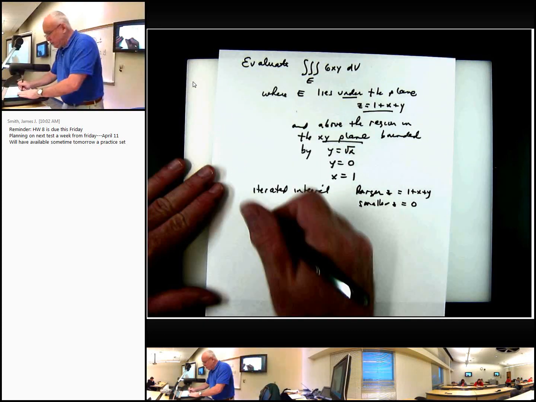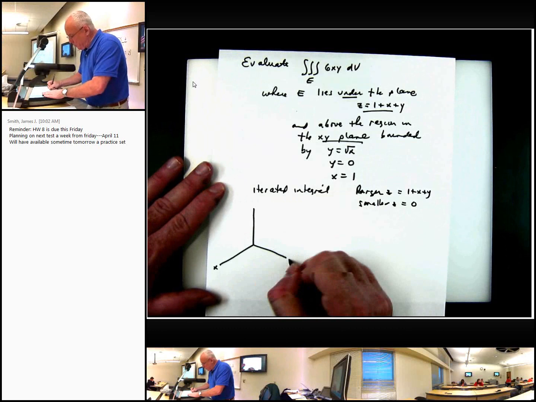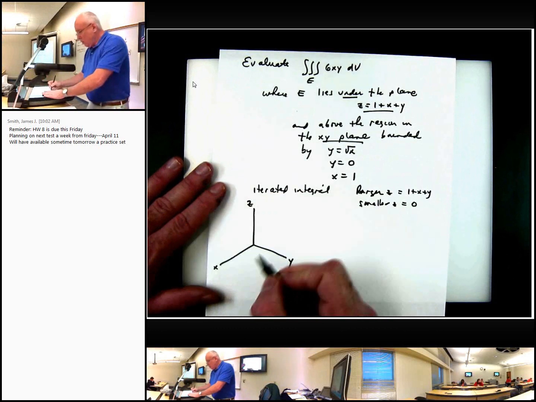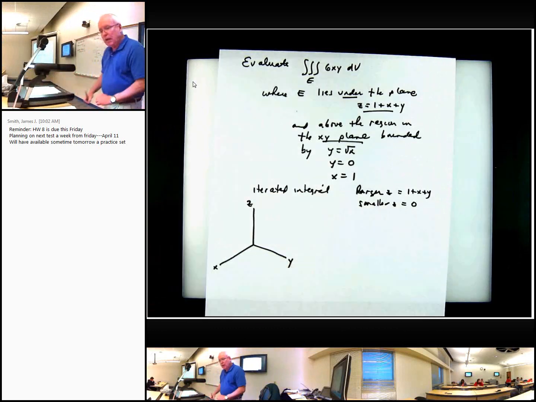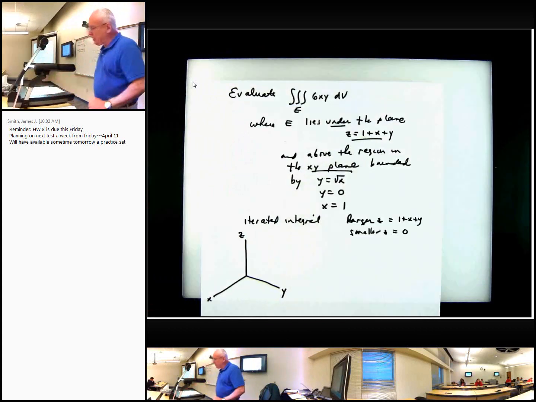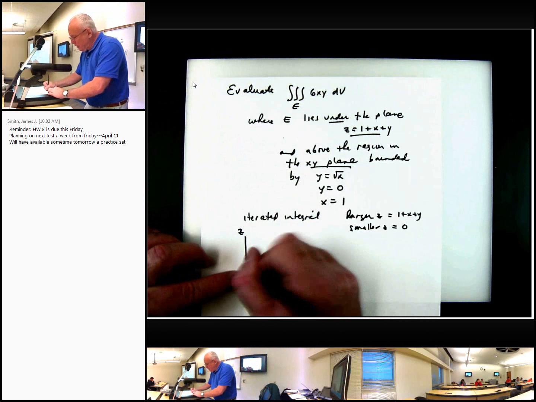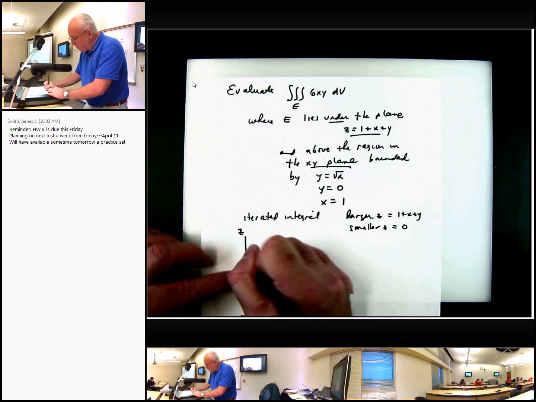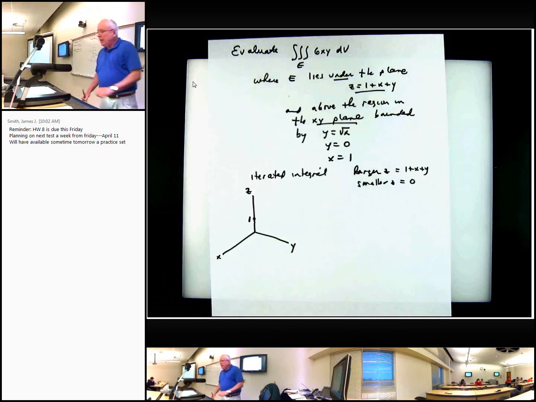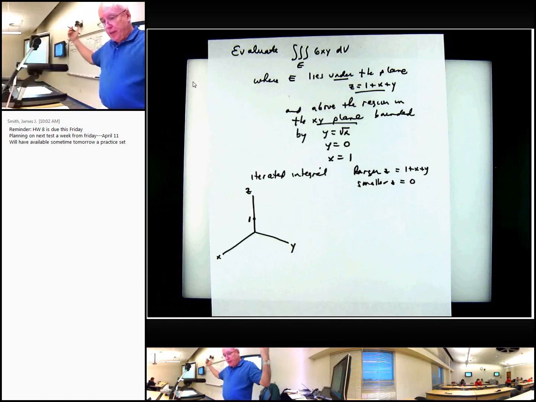In fact, here's just a little diagram of what we're talking about, x, y, and z. Okay, we're bounded below on the xy plane. This plane here, z equals 1 plus x plus y. Well, when x and y are 0, then z is equal to the value 1. And then as x and y get bigger, z gets bigger in value.